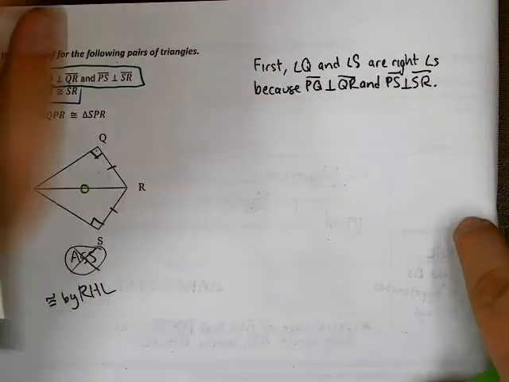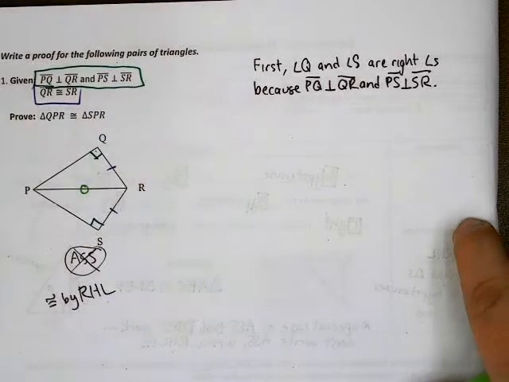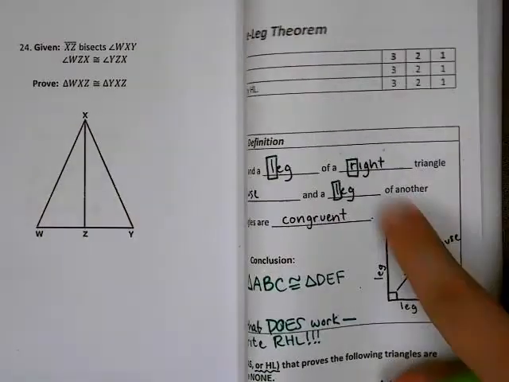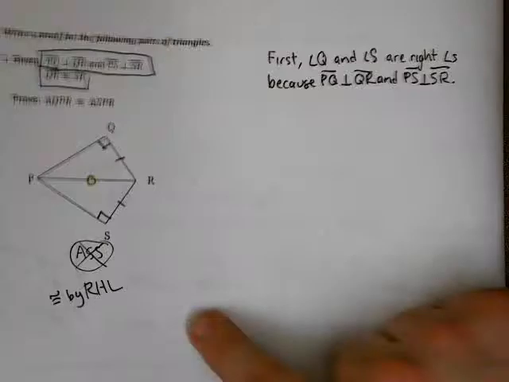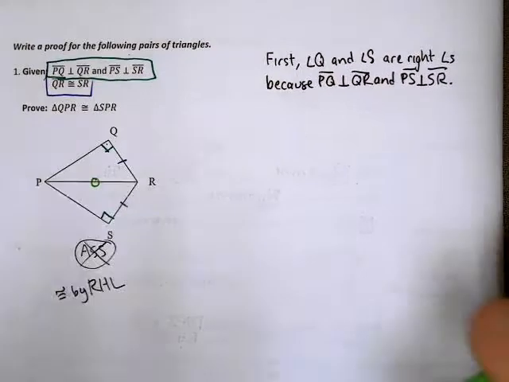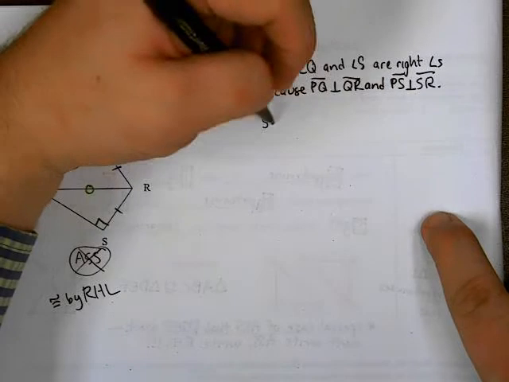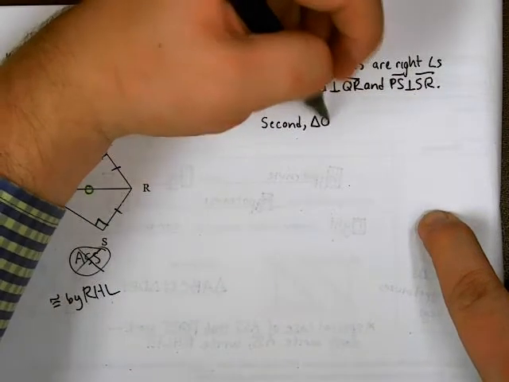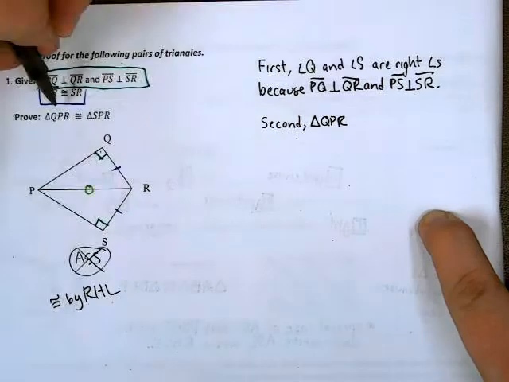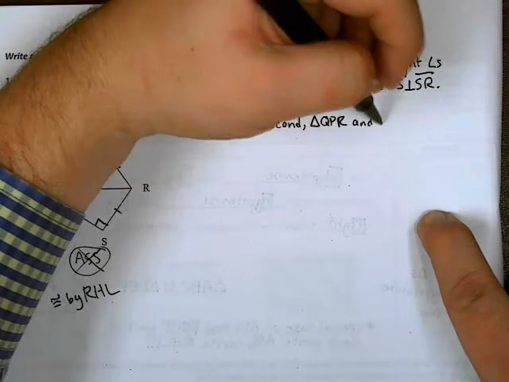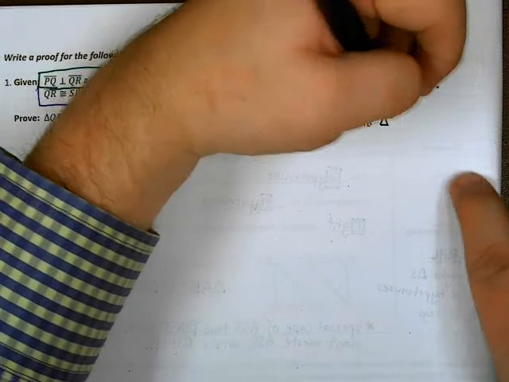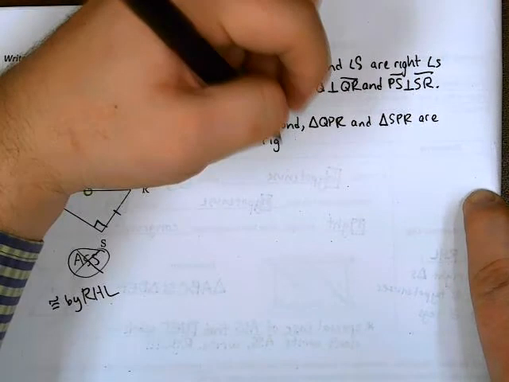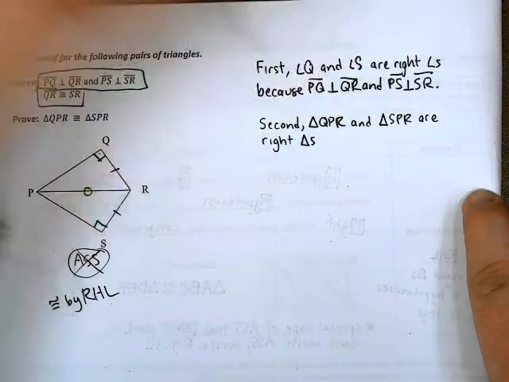Well, that's not quite done, because if you remember, it said that we needed right triangles. Right now we have right angles. So we actually need a brand new line to say that triangle QPR and triangle SPR are right triangles. But now that's what we needed, right?